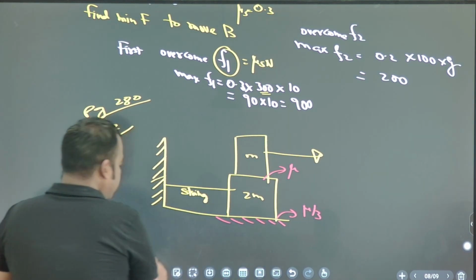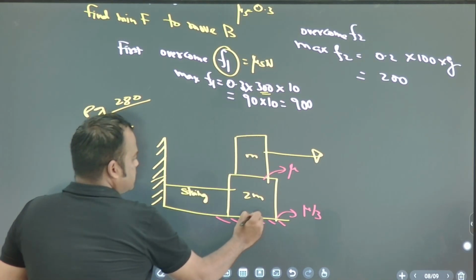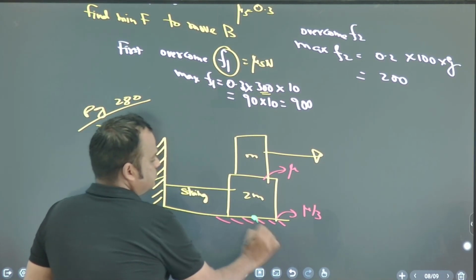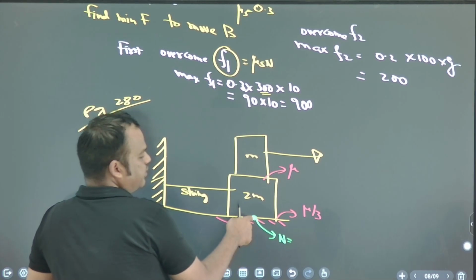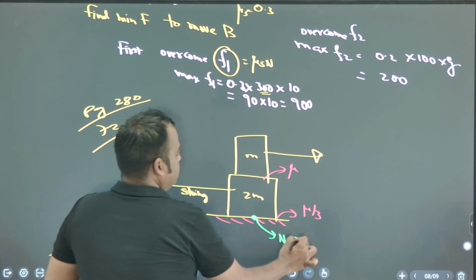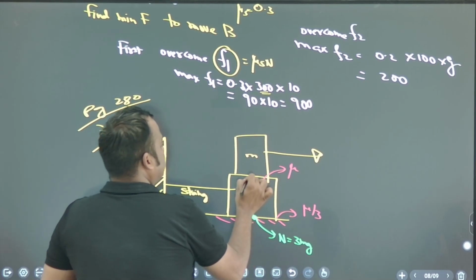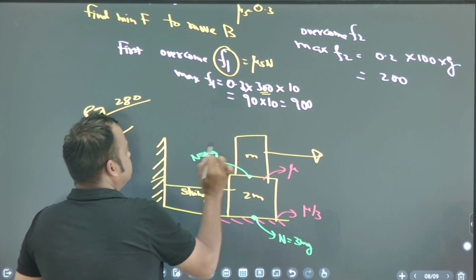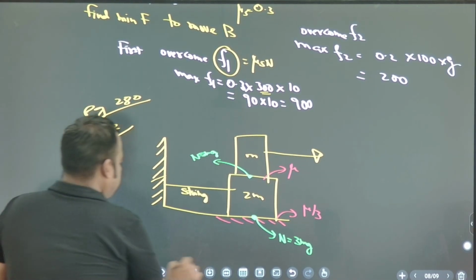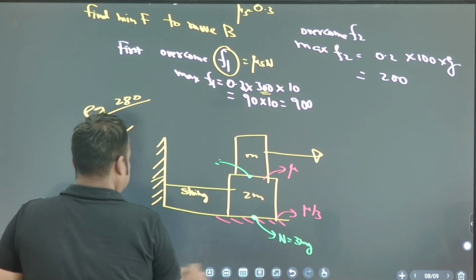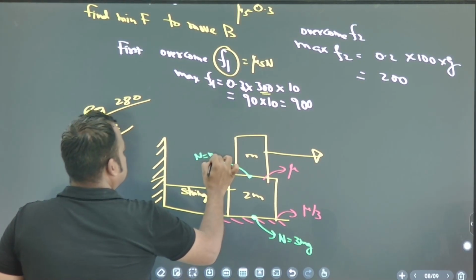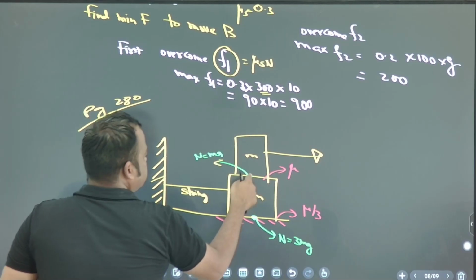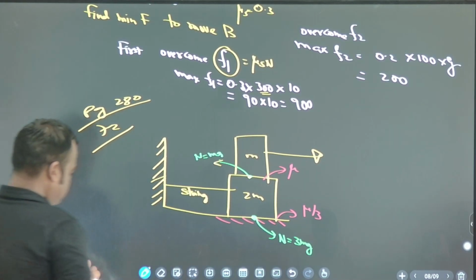What is a normal value here? Tell me. 3 mg. Good. What is the normal value here? Mg. Here normal is mg. Here normal is 3 mg.